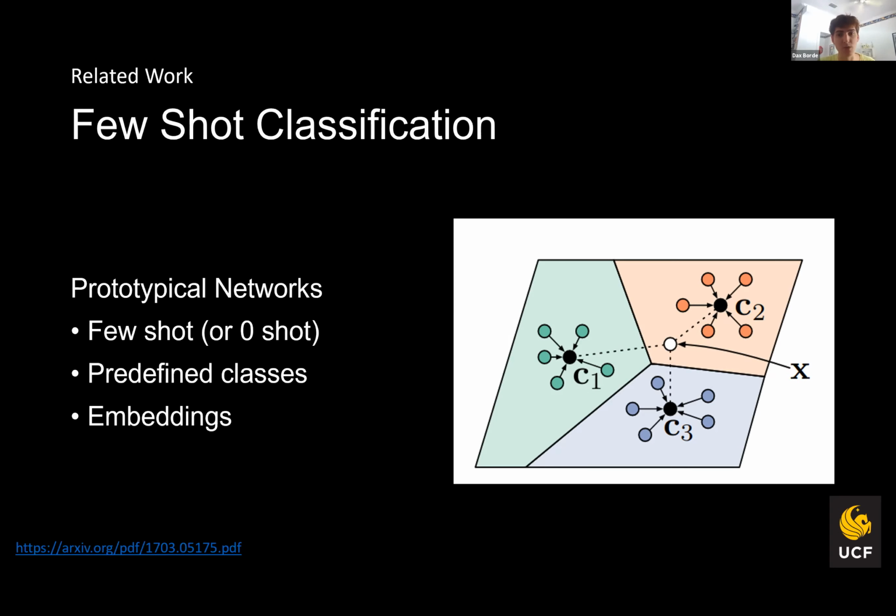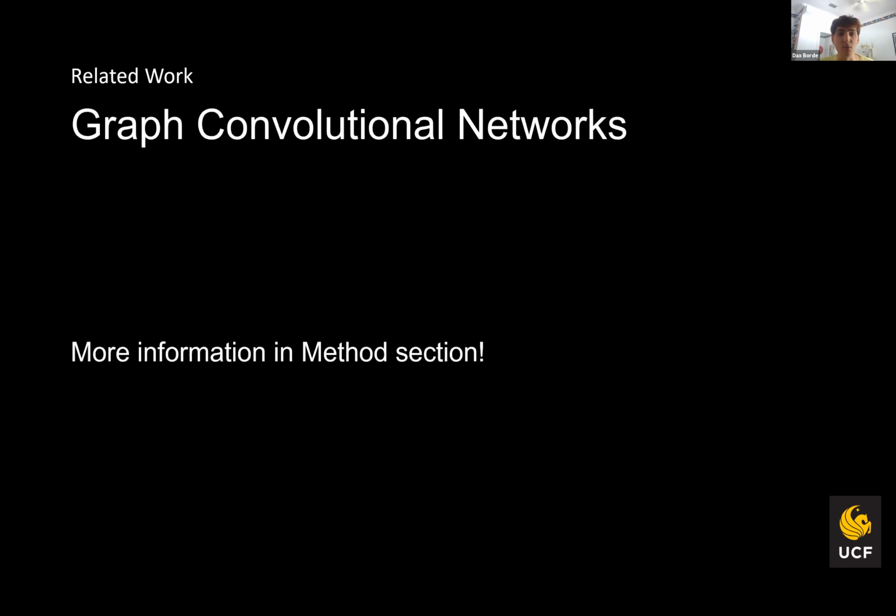The idea here is that we generate embeddings for each of the example shots and also for our query shot, and essentially find the Euclidean distance between them in the embeddings. So this actually works really well for few-shot, but again, we're restricted to the classes that we train on. Graph convolutional neural nets are actually great for few-shot classification as well.